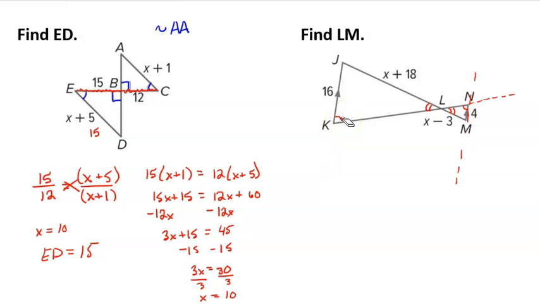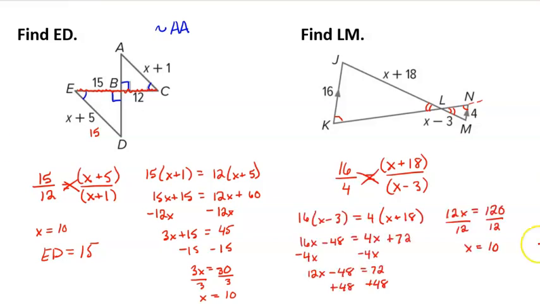So now I have angle-angle similarity with these as well. And then I know that these two are going to go together. So I have 16 and 4, and then 8 plus 18 over X minus 3. And if you need help with writing out your proportions, again, please see my other video on similar polygons. And so always put these in parentheses, and then we're going to cross multiply and solve from there.